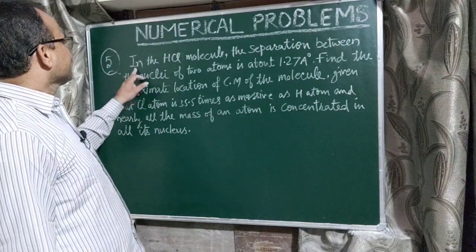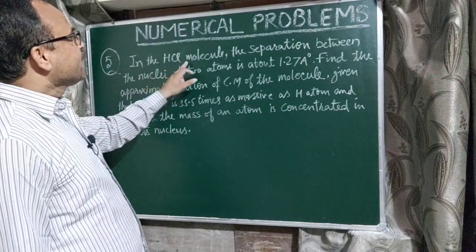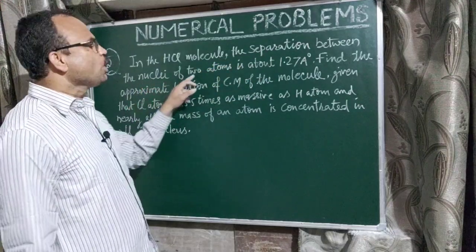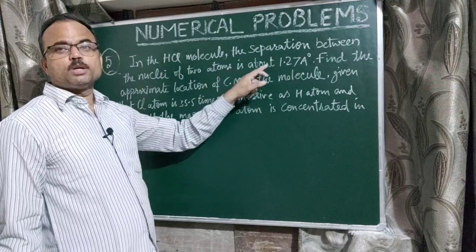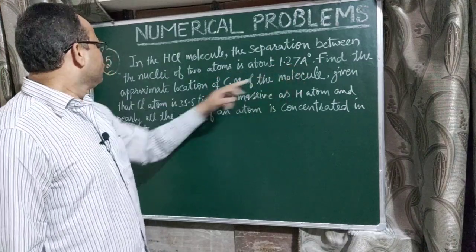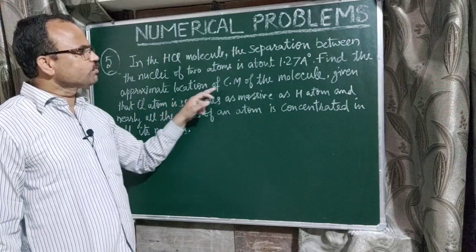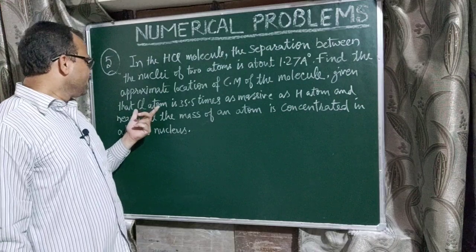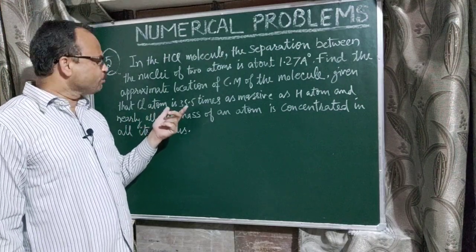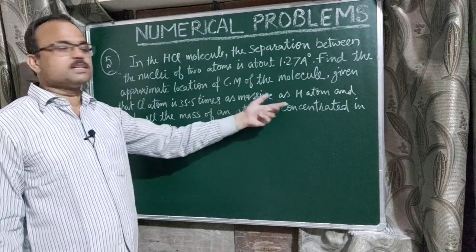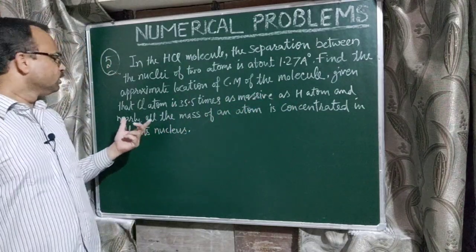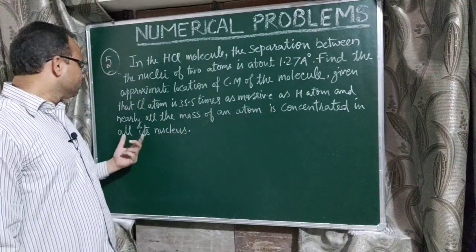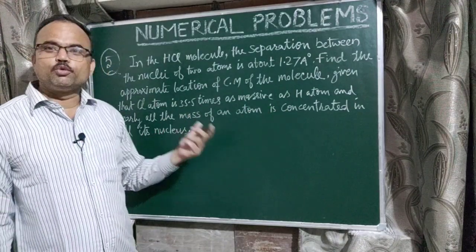Let us now see the question number 5. In the hydrogen chloride molecule, the separation between the nuclei of the two atoms is about 1.27 angstrom. Find the approximate location of the center of mass of the molecule, given that the chlorine atom is 35.5 times as massive as the hydrogen atom, and nearly all the mass of an atom is concentrated in its nucleus.